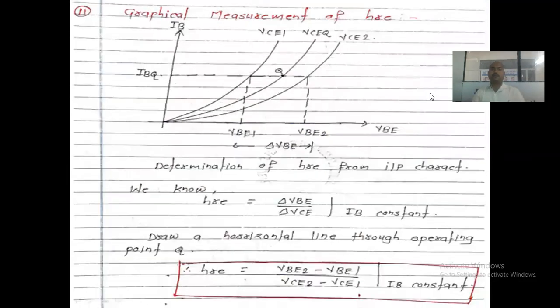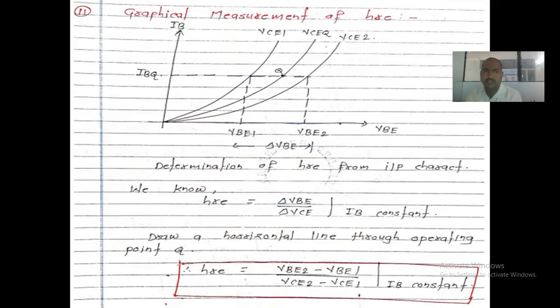Now we have to find out the graphical measurement of hre. Now see, we know that hr indicates reverse. We have seen the four terms with respect to h: hie, hre, hfe and hoe. The first letter r indicates reverse, f indicates forward, and o indicates output admittance, right?